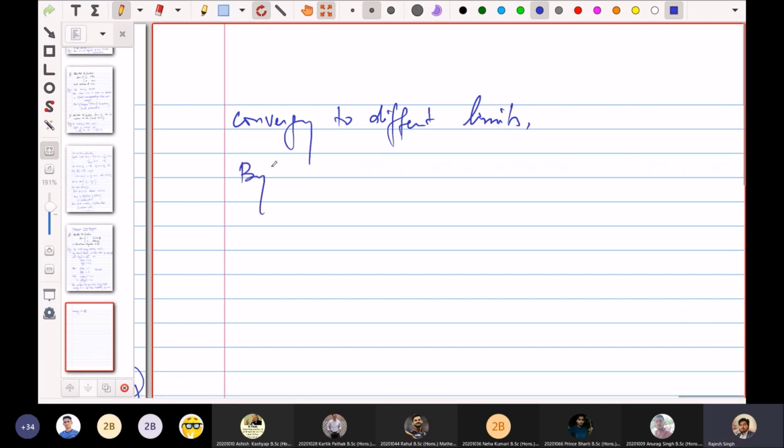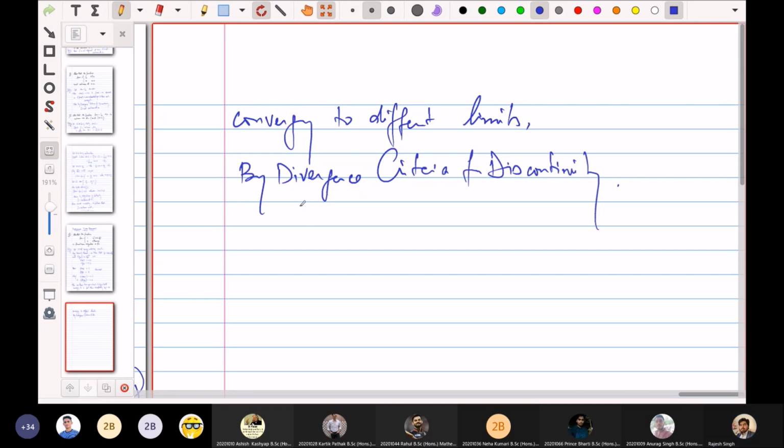So by divergence criteria for discontinuity, f is not continuous at c.